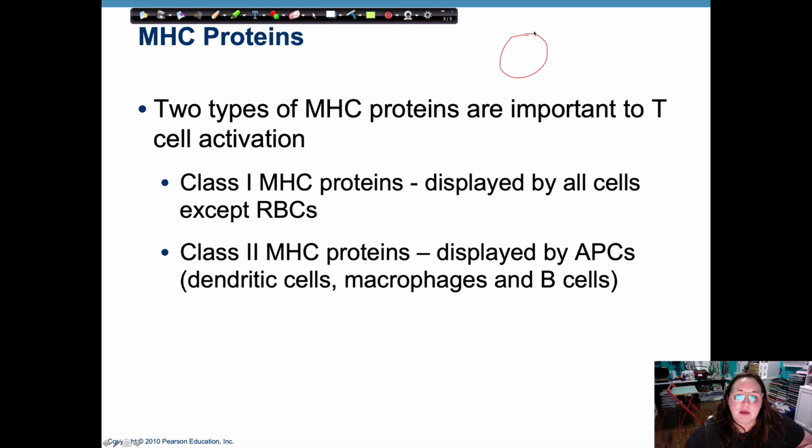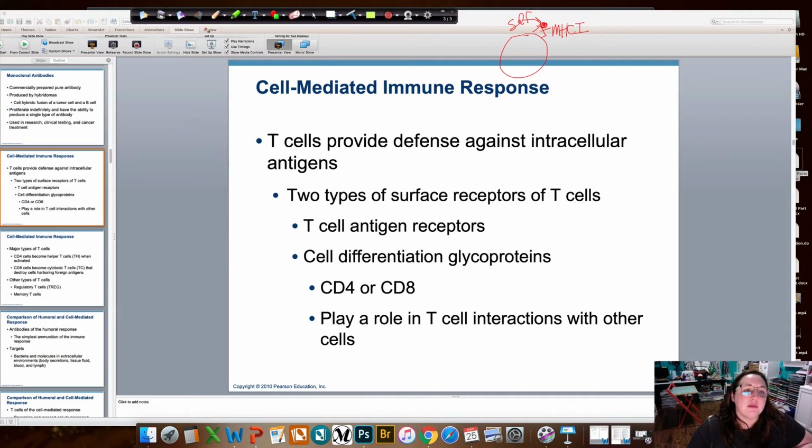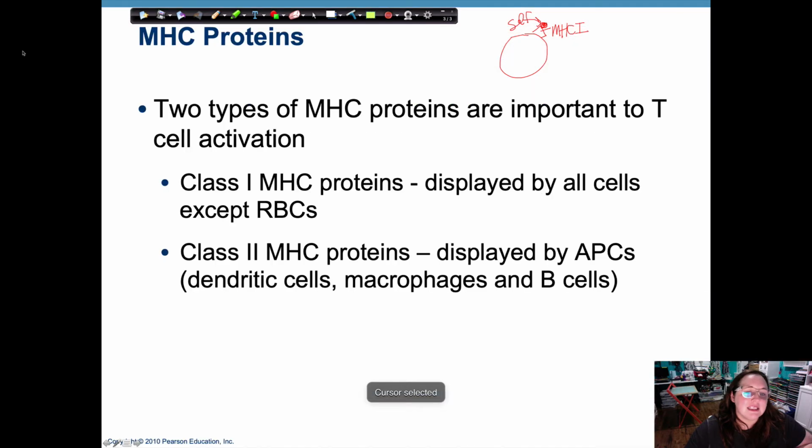So this is a body cell, and on here is this MHC1. And that MHC1 should have a self-antigen on it. Okay, so that's really important because if you don't have a self-antigen on that MHC1 protein, then the cells know that that's an invader, okay?